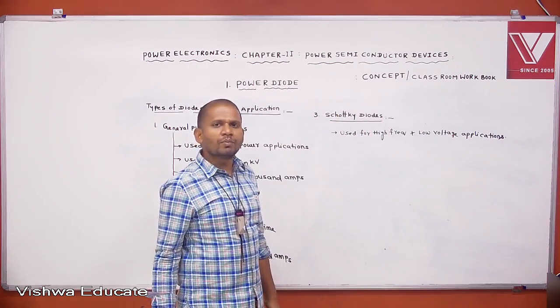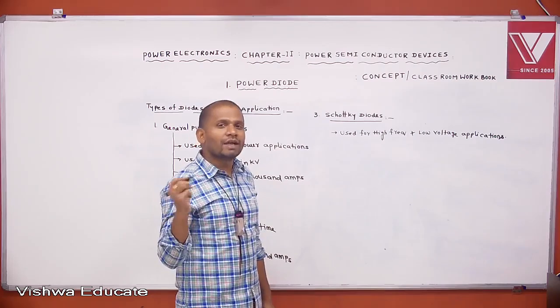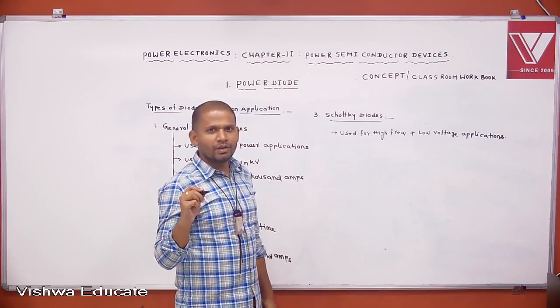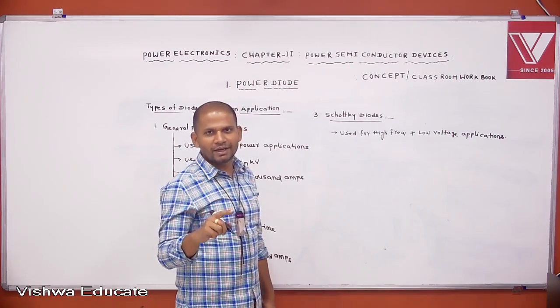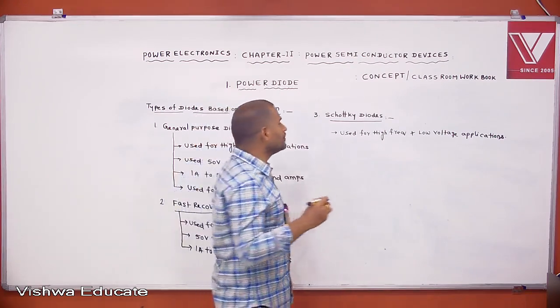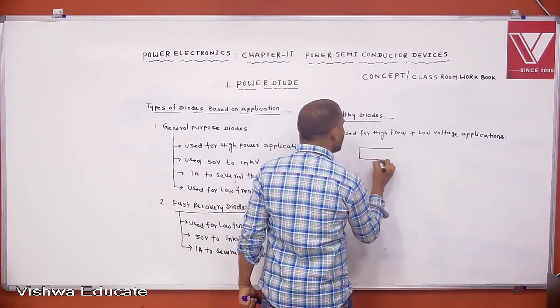But the point to remember: what is the difference between a Schottky diode and a power diode, or PN diode? In a PN diode both layers are semiconductor layers, but in a Schottky diode, one layer is a metal layer and the other is a semiconductor layer.